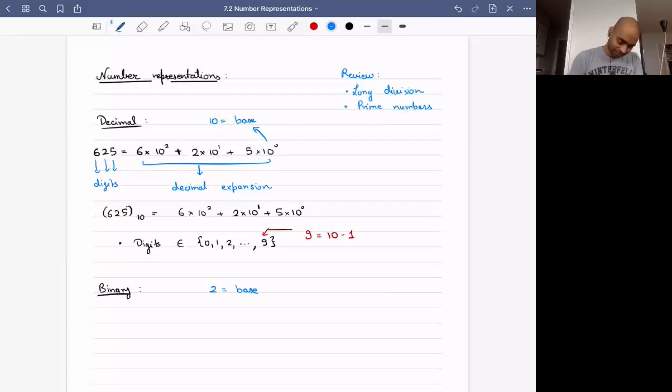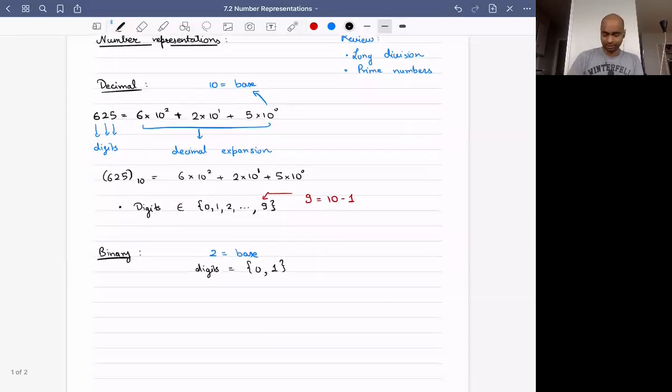Now the digits have to go from 0 all the way up to base minus 1, and base minus 1 is 2 minus 1, which is 1. So the digits are only 0 and 1. And I can form any number using just digits 0 and 1. So for example, I can form 10101 in base 2. And this is a valid number.